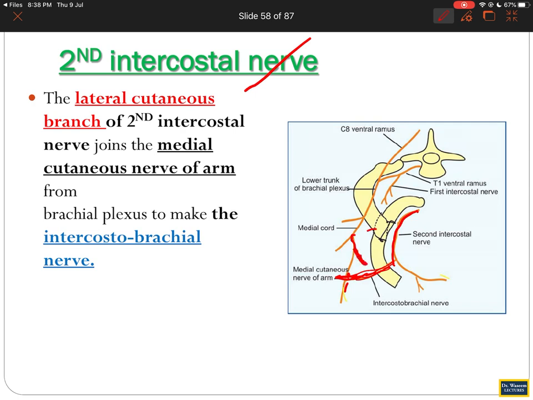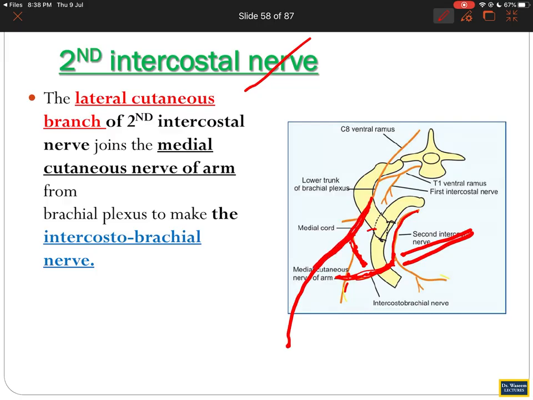Similarly, the lateral cutaneous nerve of the second intercostal nerve has been given, and here the brachial plexus will reciprocate. It will give a branch, or twigs, from one branch called the medial cutaneous nerve of arm, which you will do in brachial plexus.